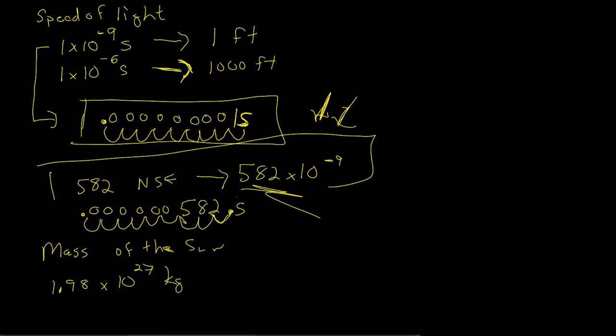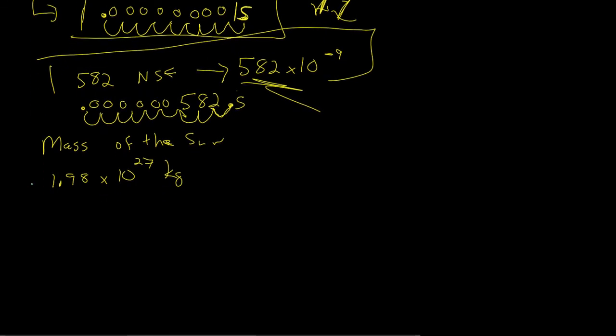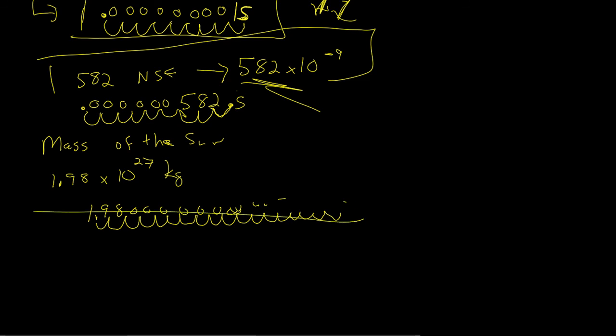If I want to write this in standard notation, I write 1.98 and I go over 27: 1, 2, 3, 4, 5, 6, 7, 8, 9, 10, 11, 12, 13, 14, 15, 16, 17. I'm going to run out of room. I have too many zeros to write the mass of the sun. Right? And so this notation is portable.